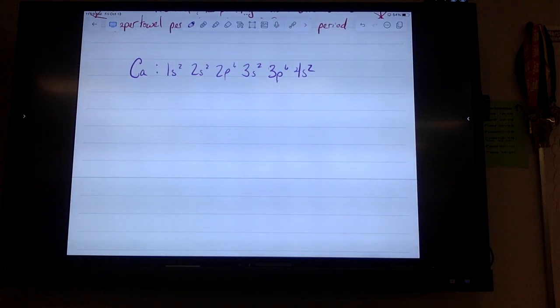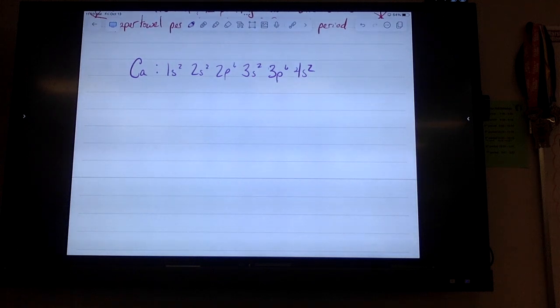Where is calcium? It's number 20, right? What ion does it form? Plus 2. Okay, so calcium forms a plus 2 ion.